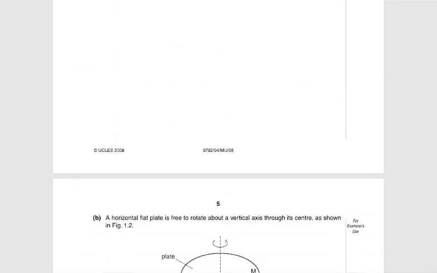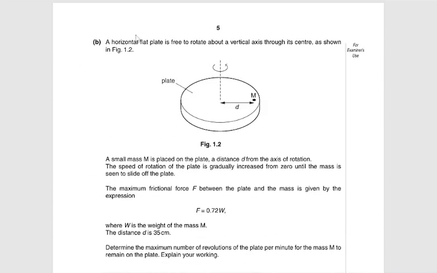Moving on towards the B part. A horizontal flat plate is free to rotate about a vertical axis through its center as shown in figure 1.2. A small mass m is placed on the plate at distance d. Distance d is the radius from the axis of rotation. The speed of rotation of the plate is gradually increased from 0 until the mass is seen to slide off the plate.